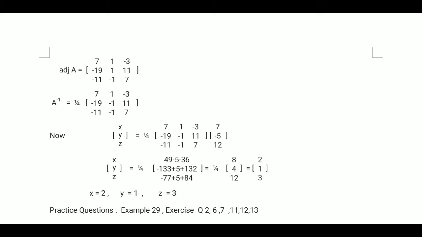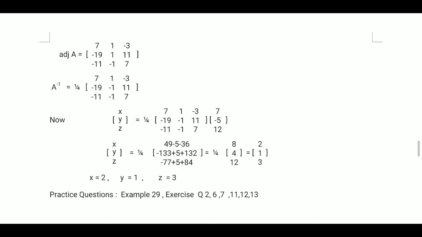So x y z is equal to 1 upon 4, and we get 8 4 12, and each element will be divided by 4, so we get the matrix containing the values 2 1 3. So x is equal to 2, y is equal to 1, and z is equal to 3 is the result. Now you have some practice questions, do solve them.